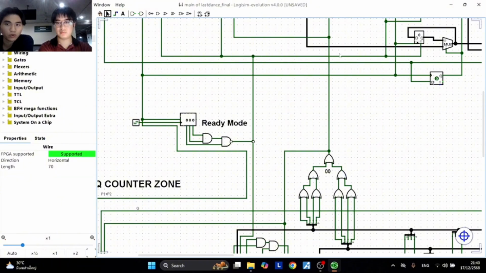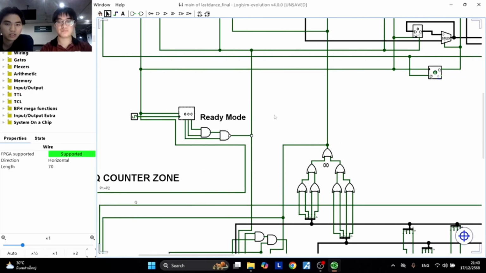This ready mode connects to the reset of every IC in our circuit, which makes every 7 segment of every function 00.